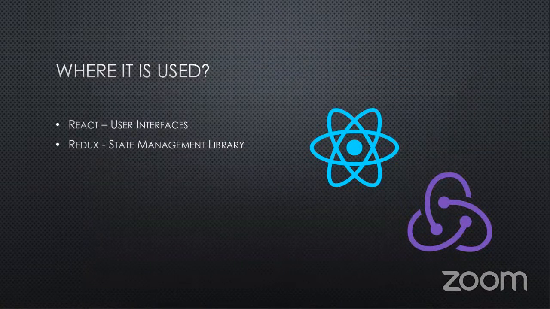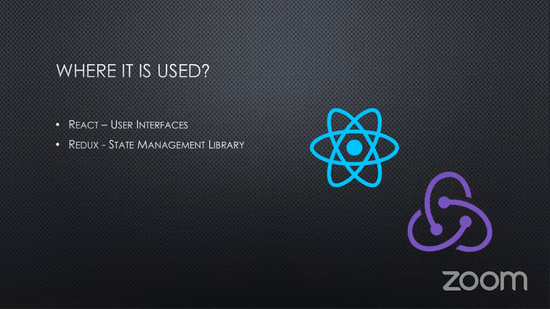So where is Flux used? Flux is the backbone of React. This is how React works behind the scenes. And most of you have used Redux, a state management library. Redux also used this architecture of unidirectional data flow and implemented it in its own way.